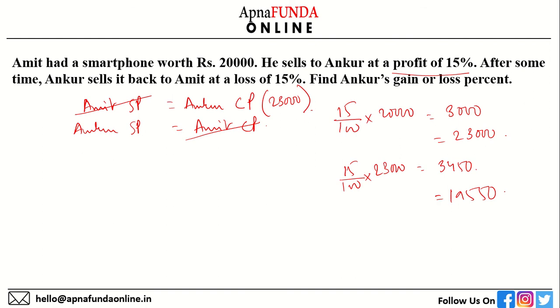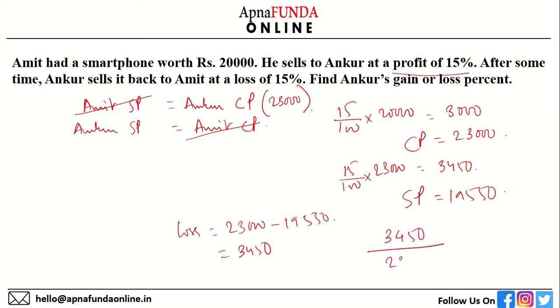This is his cost price, and this is his selling price. So there is a loss: 23,000 minus 19,550. The loss is equivalent to 3,450. So the loss percent is 3450 divided by 23,000 into 100. This is equal to 15%.